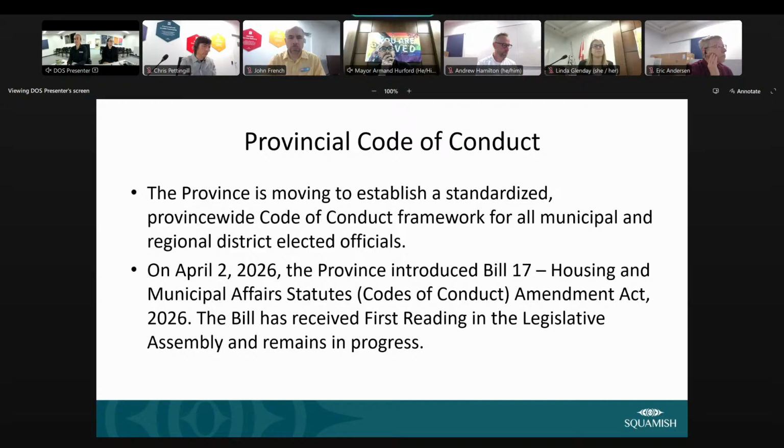Currently, the province is looking to further standardize codes of conduct across the province, including introducing a framework that will be required of all municipalities. On April 2nd, 2026, the province introduced Bill 17 to the legislature. The bill has received first reading and has not progressed past that.